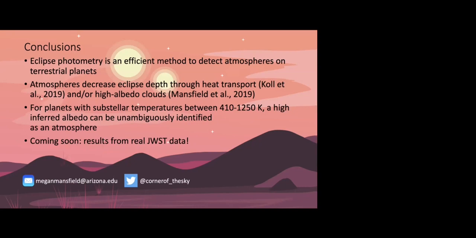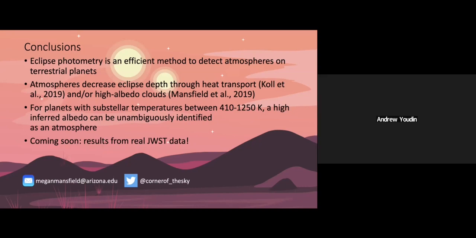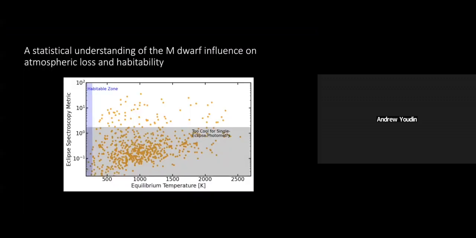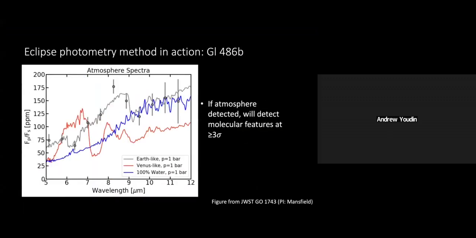Andrew? Yeah. Thanks for the great talk and overview, Megan. I thought it was especially interesting that 1 bar seems to be the interesting level of atmosphere that redistributes temperature. I was wondering if it's something you've made for your proposals already, like what would Earth look like with this type of secondary eclipse observation, maybe with enhanced signal to noise?